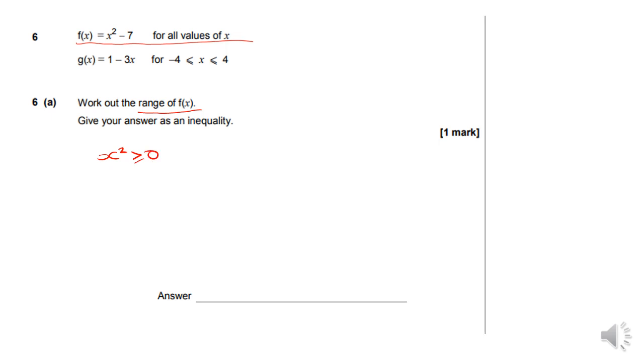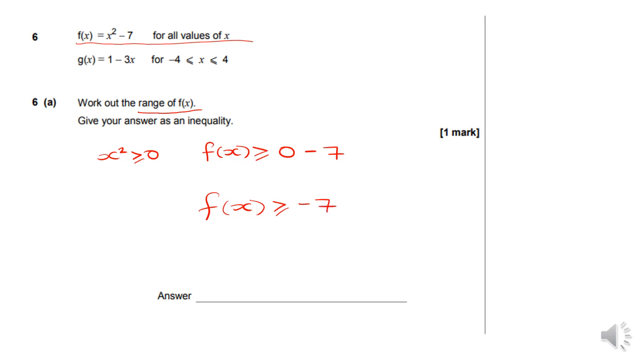So if that's true, then f of x is always going to be greater than or equal to 0 take 7. So f of x as an inequality can't have a value that is any less than -7.